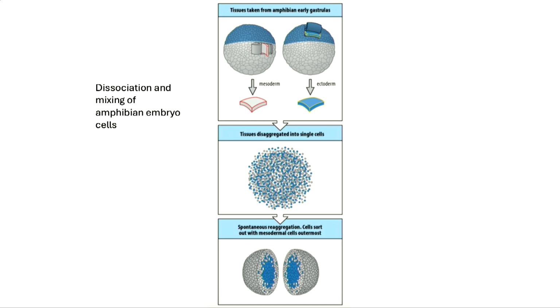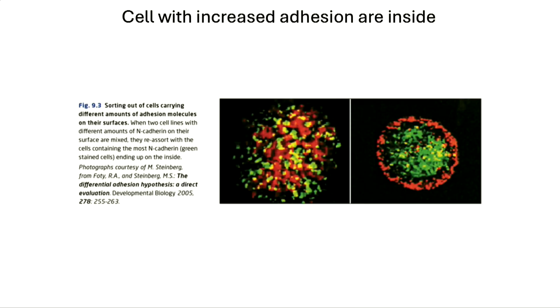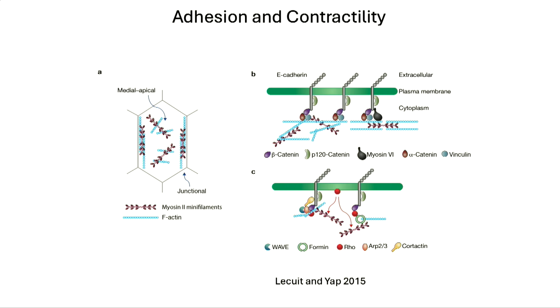Sometimes the vitelline membrane or the perivitelline space. So there are many other factors which regulate the way the real embryo cells are organized. But in gastrulation, of course, there is a point at which the mesoderm cells are going to be present inside the ectoderm cells, right?